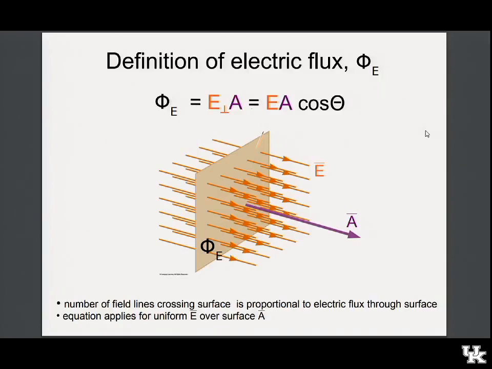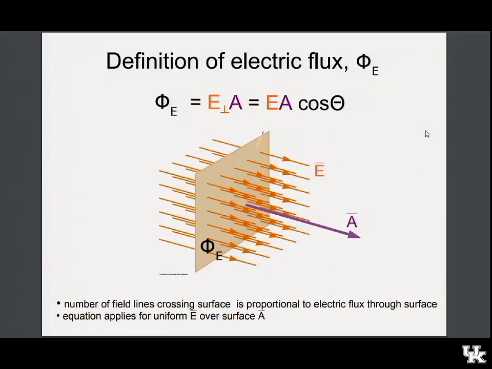So E and A describe the electrical field and the surface, and they're the two ingredients that determine the flux through the surface. So the flux through the surface, there are a couple of ways you can write the equation for it.